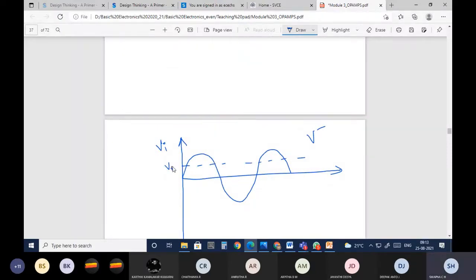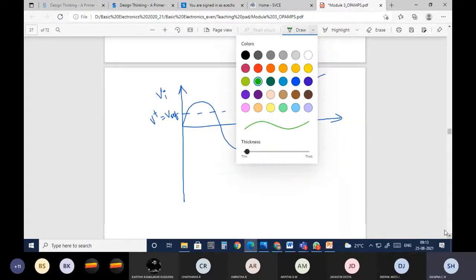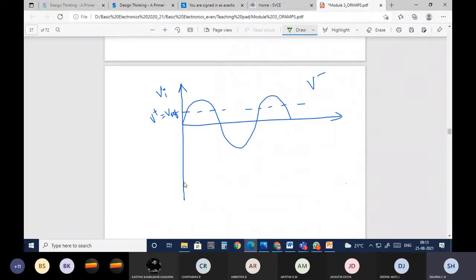This is my V reference, the voltage given to the non-inverting terminal, and this sinusoidal signal is given to the inverting terminal. As I've already mentioned, it represents the inverting terminal voltage.